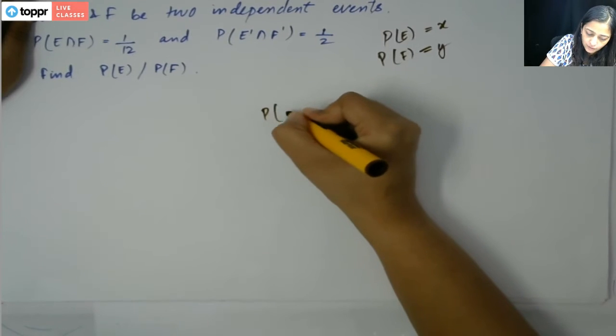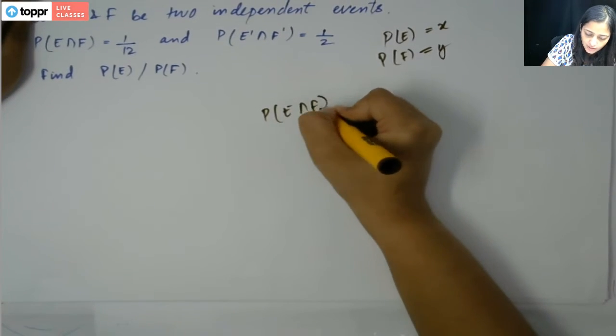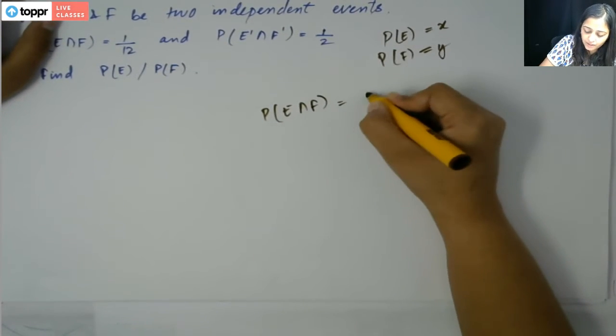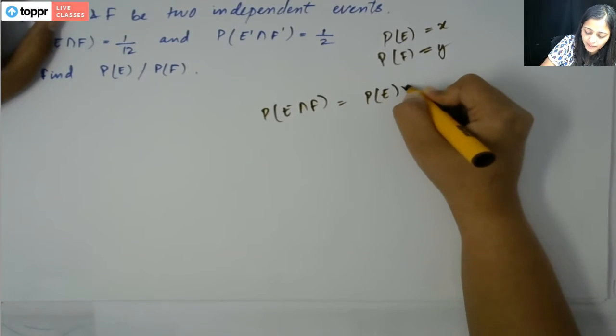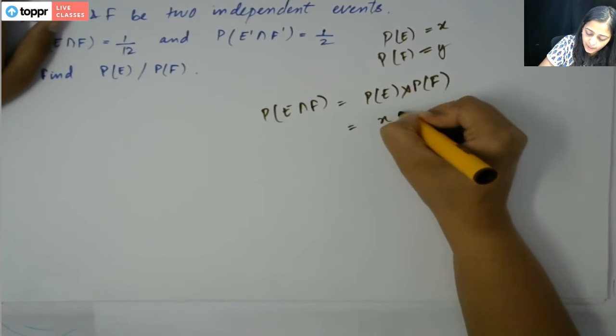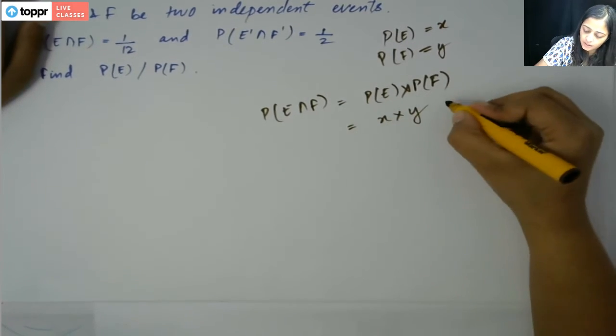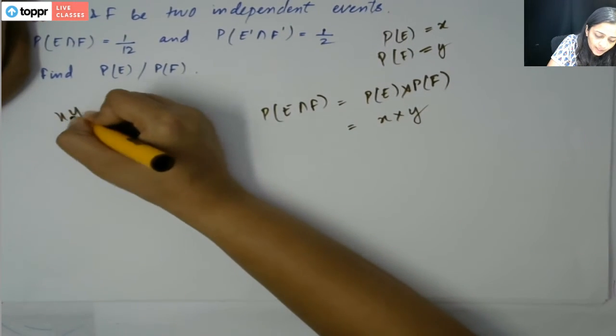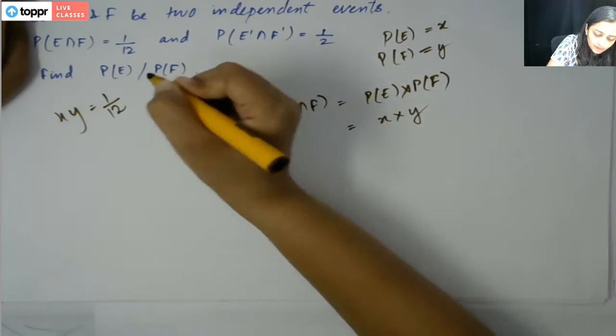So probability of E intersection F: these two are independent events, so we have probability of E multiplied by probability of F, which is equal to X multiplied by Y. So we have got that XY is equal to 1 by 12.